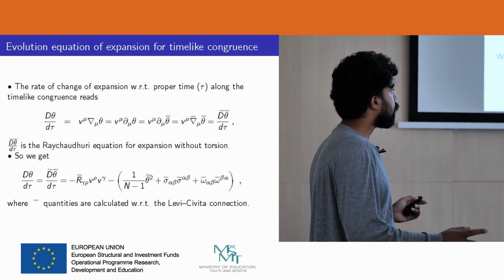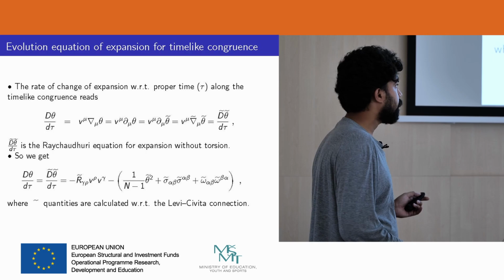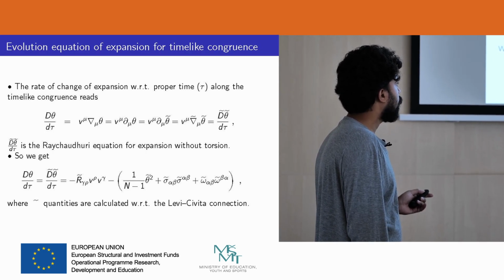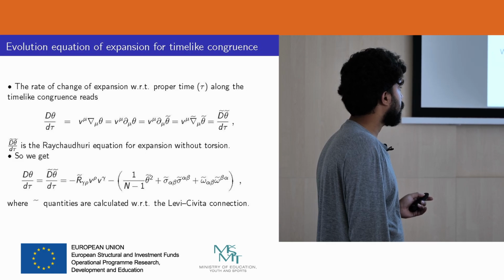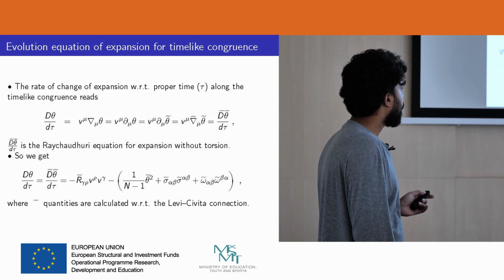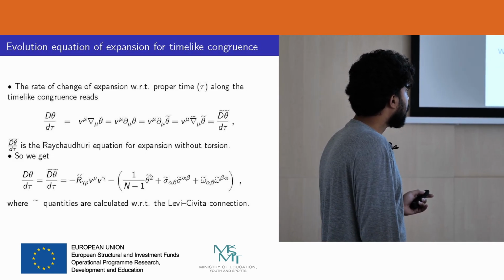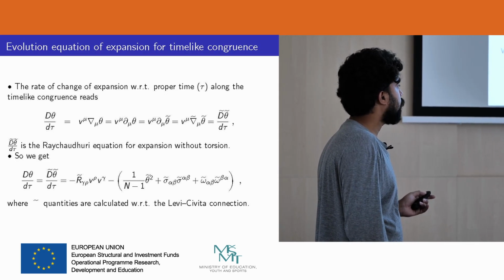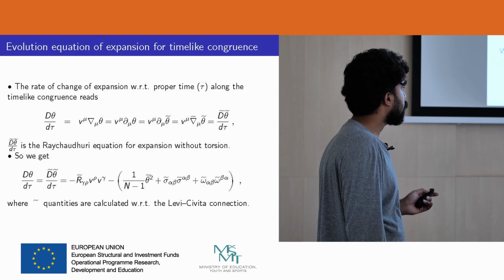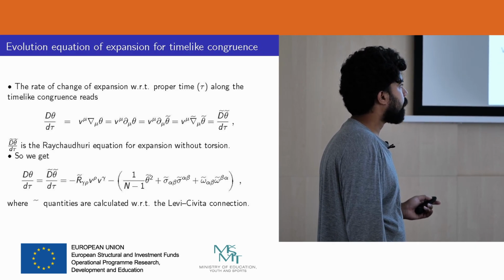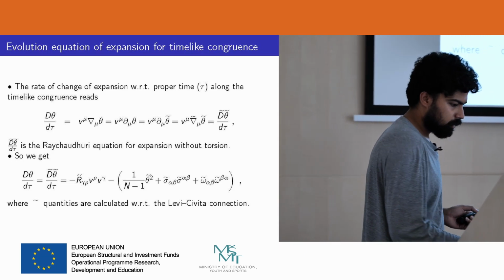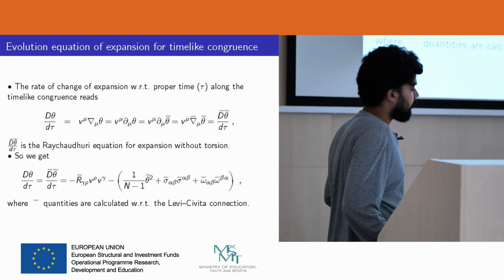Even though it is formally the same, it will be different when we incorporate theories of gravity. This is the Ricci tensor in GR, and if we have torsion, then this will be different. So formally these expressions are the same, but it is not the same when there is torsion.